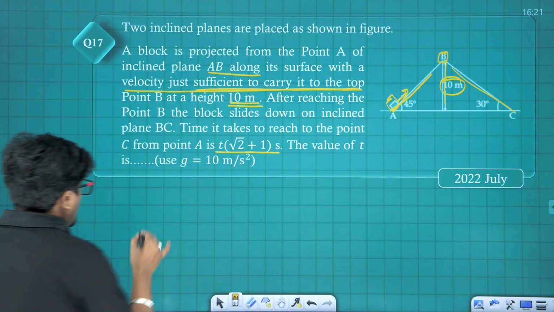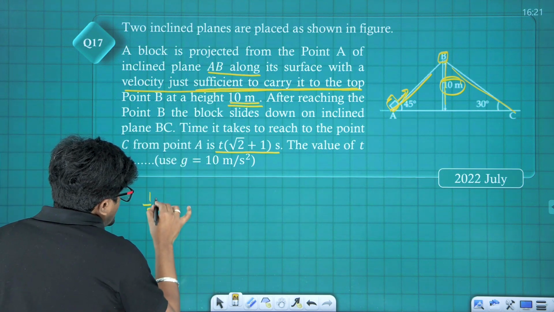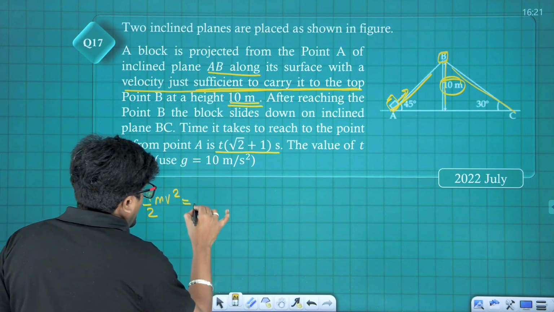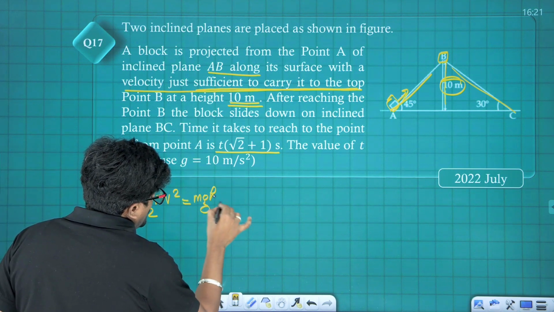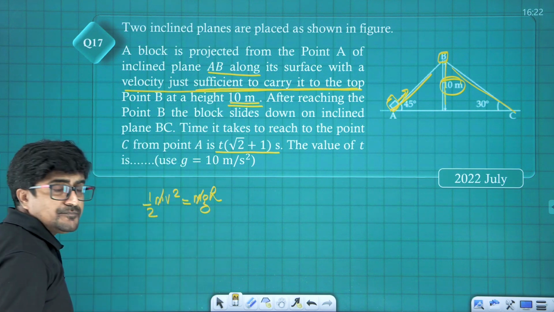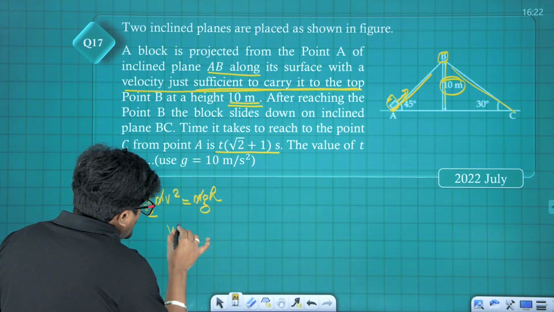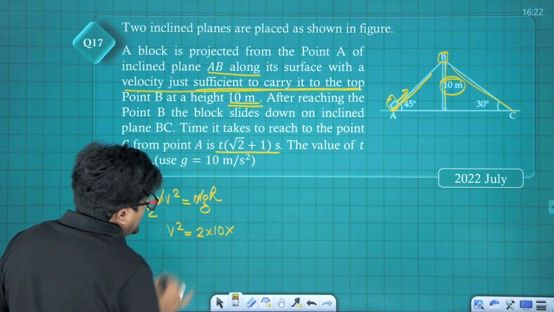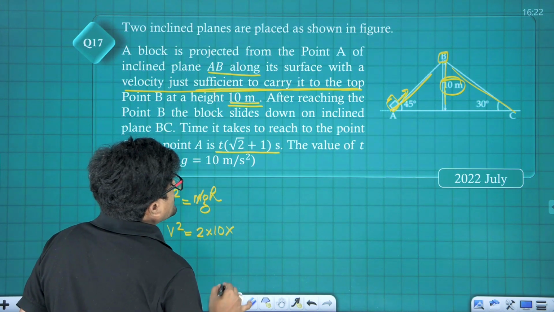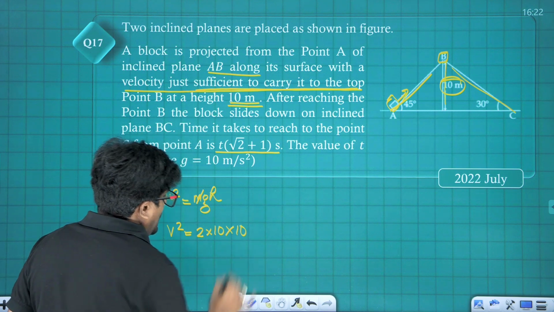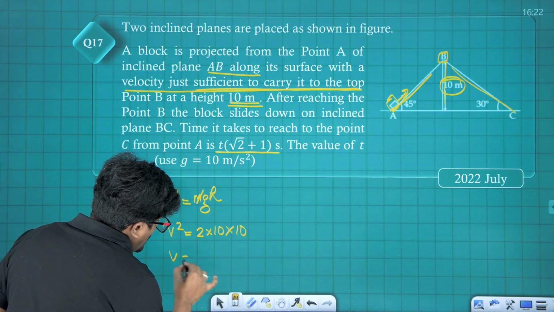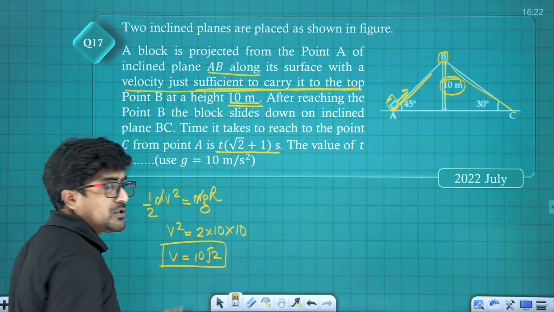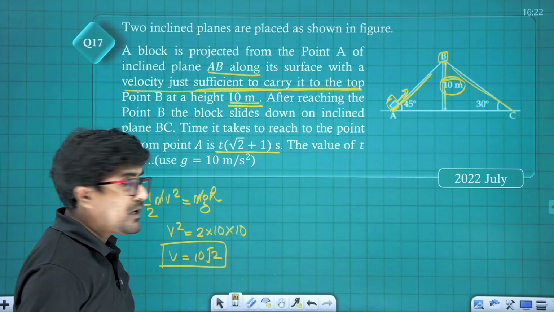Which means the initial kinetic energy of the body, half m v square, can be written as m into g into h. m and m will cancel each other. So v square is equal to 2 into g, taken as 10, and h is given as 10. So basically v is equal to 10 root 2.